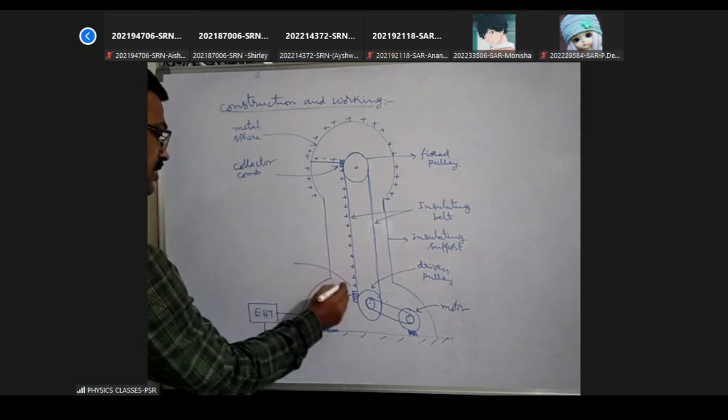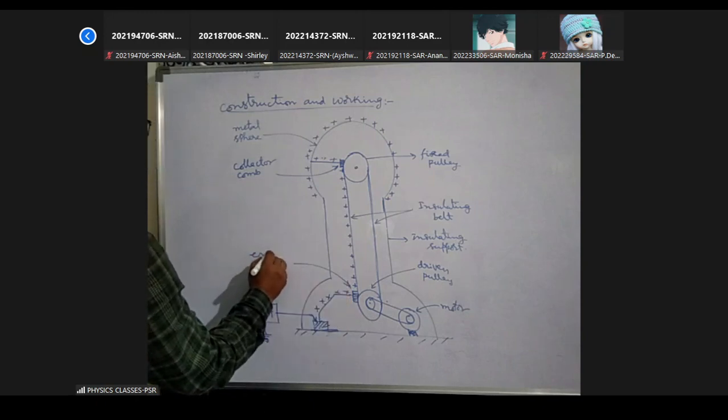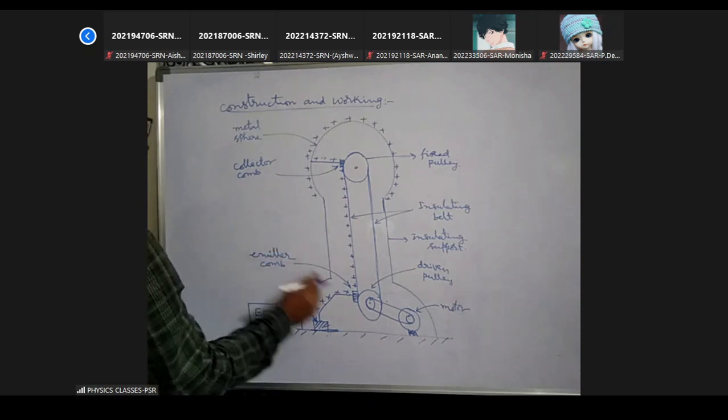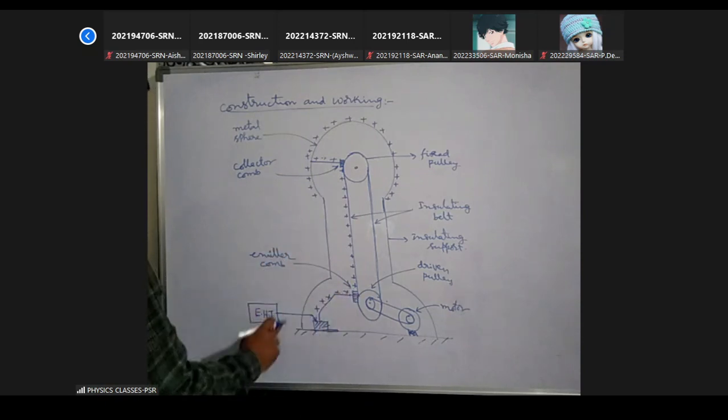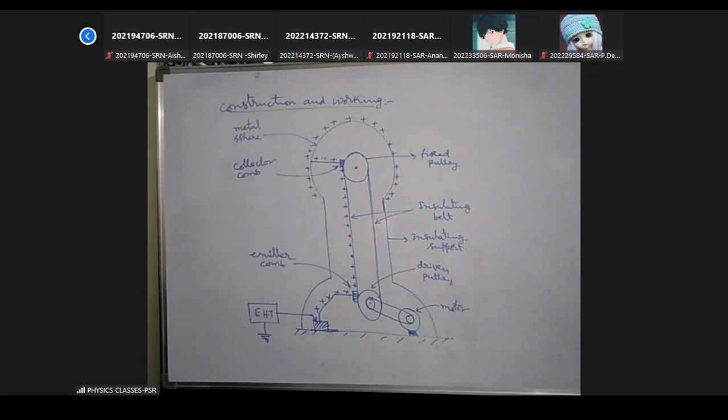This is an emitter comb. This emits the charge to the belt with the help of the extra high tension arrangement.